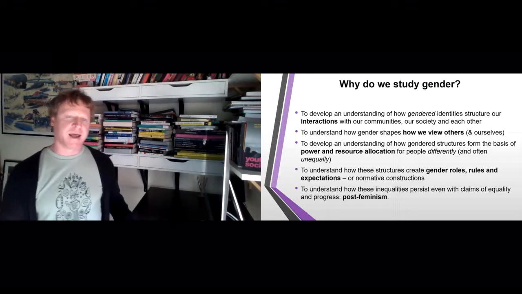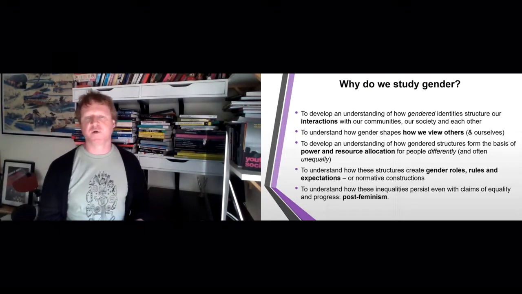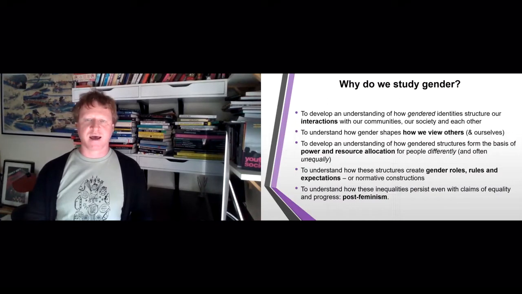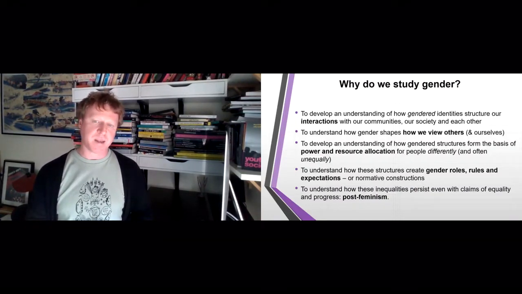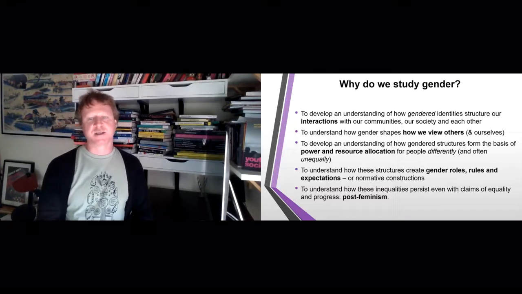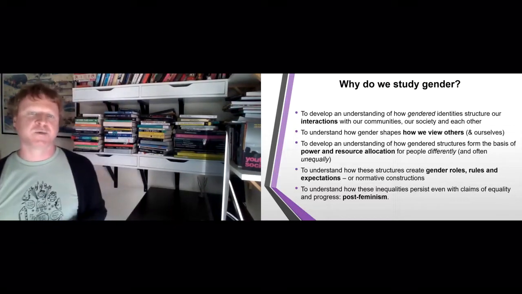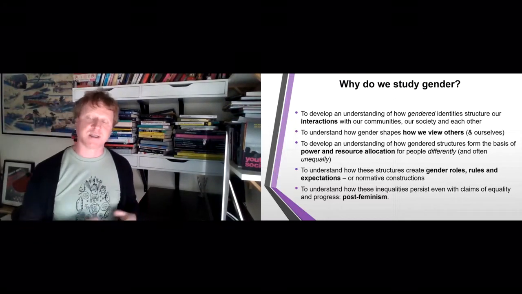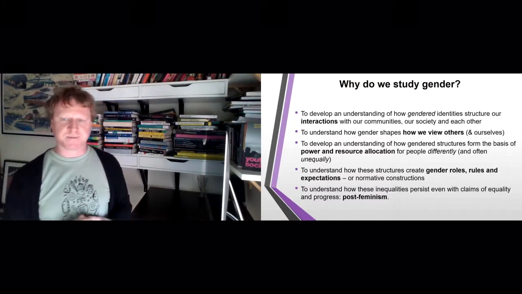We also want to think about how gendered structures form the basis of power and resource allocation differently and unequally for different people, and how these structures create gender roles, rules and expectations, what we call normative constructions and normative discourses.